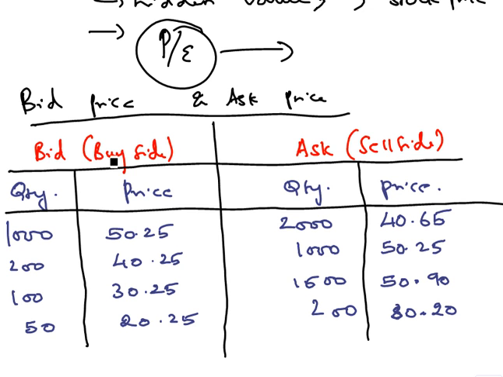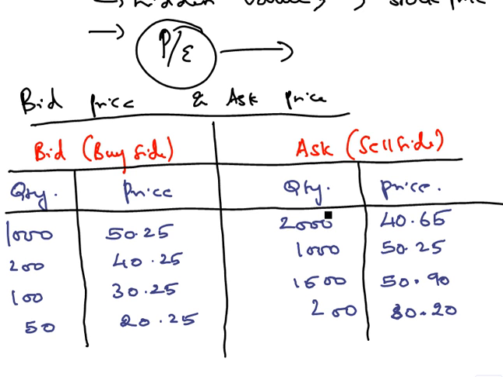There will be a bid side, which is called the buy side, and there will be another column called the ask side, that is the sell side. So the bid side is the buyer side. Let's say if you want to buy a stock, then you will say, I want 1000 stocks of, let's say, Tata Motors at a price of 50.25 rupees. That is called the bid side.